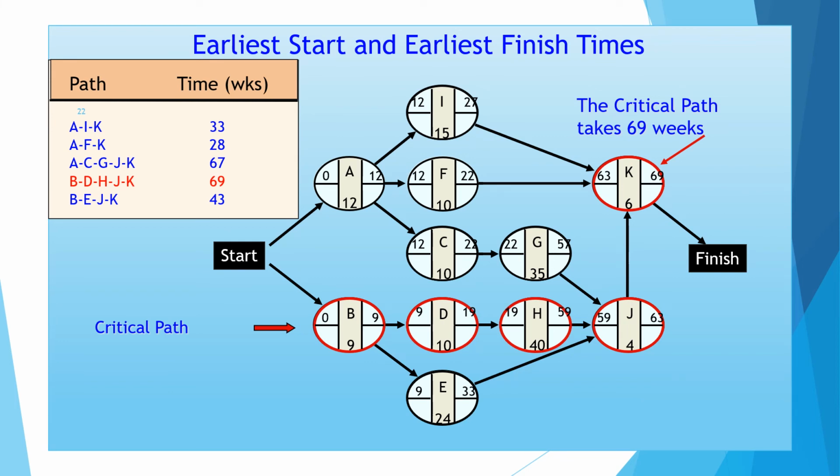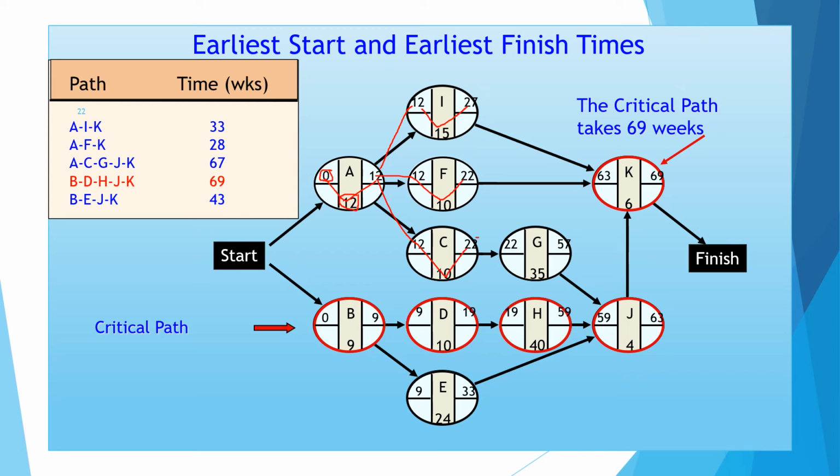The same is calculated in another way. So 0, that is the earliest start time. The activity duration for activity A is 12. So 0 plus 12, that is 12. This will be the earliest start time for the next activity. 12 plus 15, that is 27. 12 plus 10, which is equal to 22.